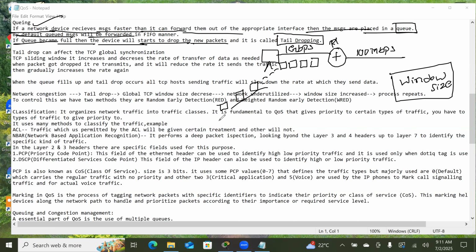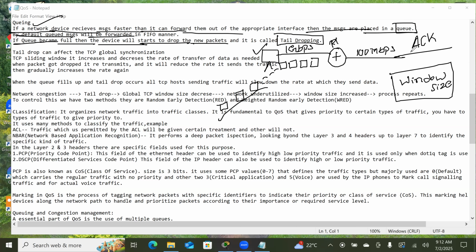Then this device is not going to get any acknowledgement. How is it going to get the acknowledgement? When it reaches the destination device, only then will the destination device send the acknowledgement towards the source.